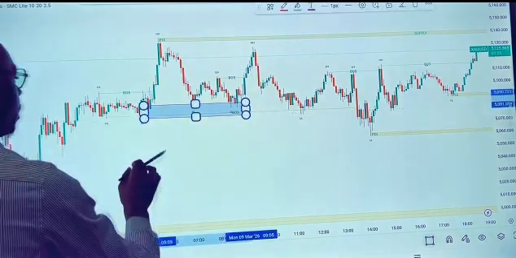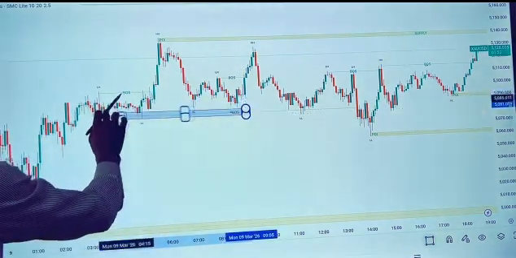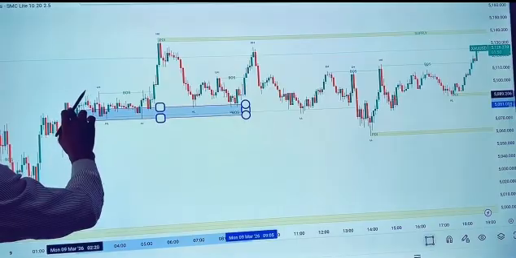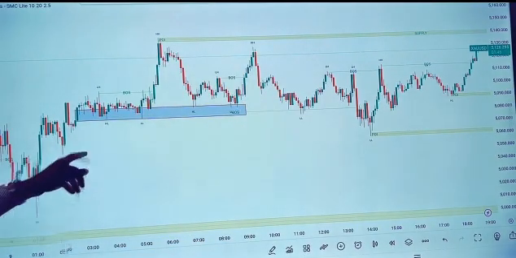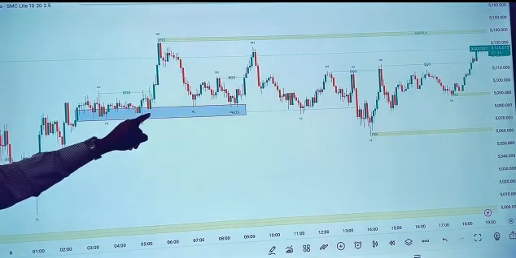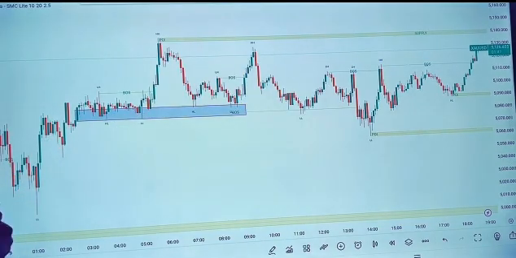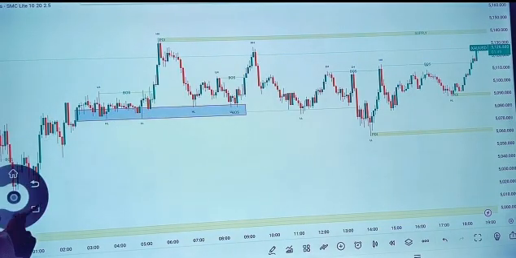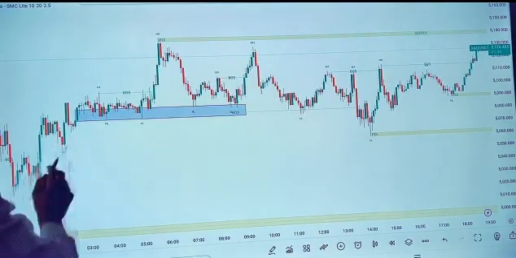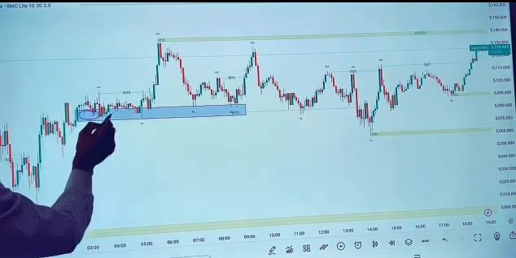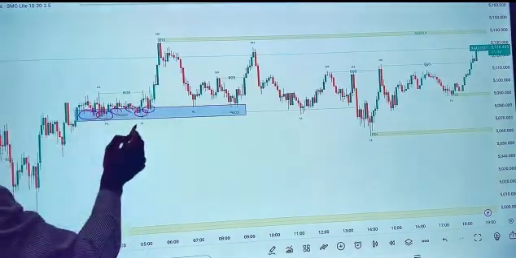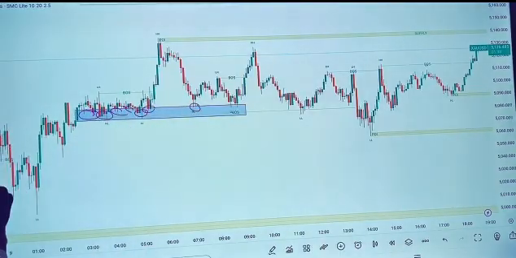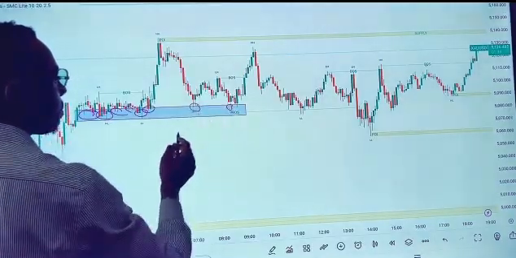The market started rejecting from this level, rejected, rejected, rejected from this level.